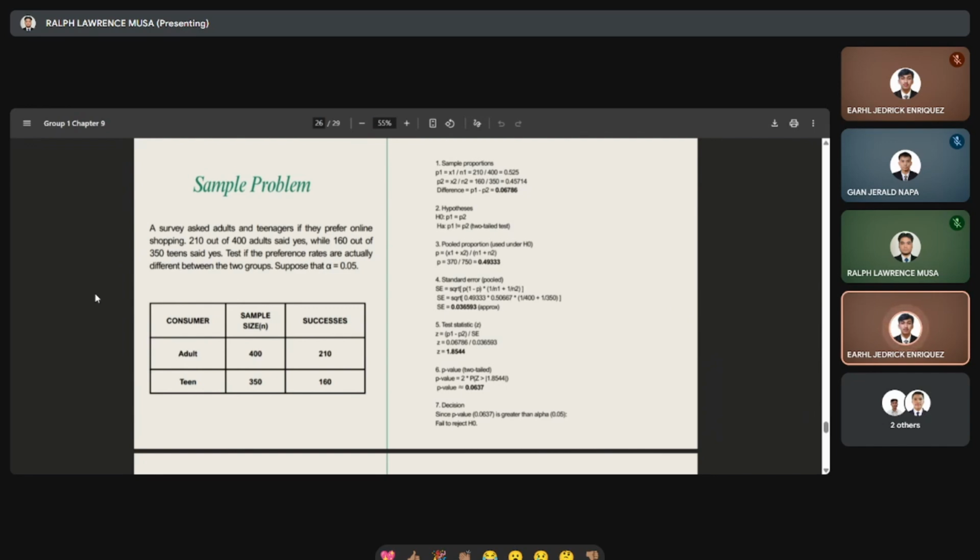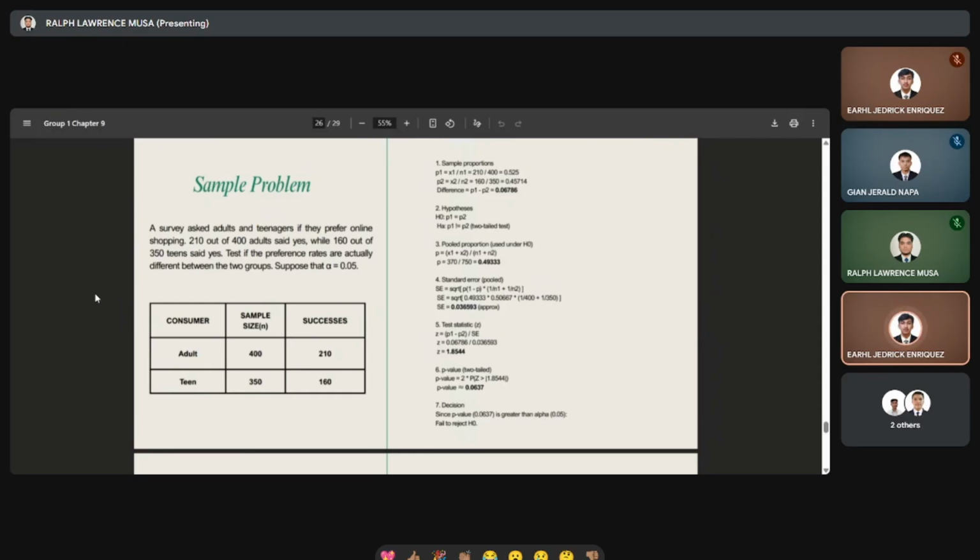We tested the hypothesis at a significance level of 0.05. The pooled proportion p is equal to 0.4933 and the standard error is approximately 0.04.